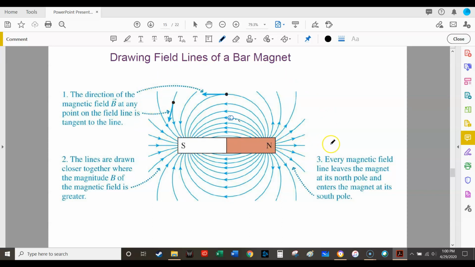This guy is just leaving straight north, right? But eventually these guys that are off axis are going to come way back around and come back into here. So this guy is actually connected to this guy. This central axis line is the only one that doesn't come back in upon itself. Okay, so it's kind of cool.